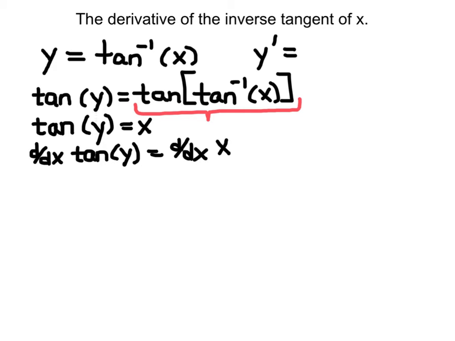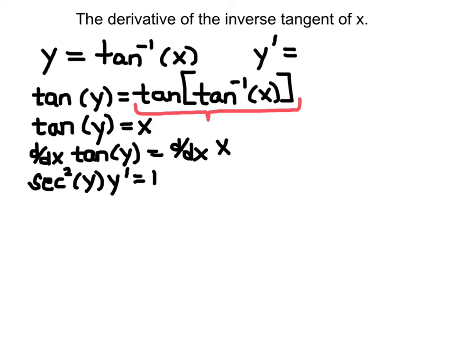So we're going to take the derivative of the tangent with respect to y times the derivative of y with respect to x. What is the derivative of the tangent with respect to y? Secant squared, that's right. So this is the secant squared of y times the derivative of y with respect to x, which is y prime, is equal to, and the derivative of x with respect to x is 1.